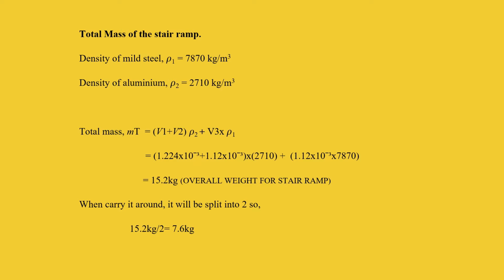To find the total mass of the STAIR ramp, we need to know the density of mild steel, and the density is 7,870 kg per meter cube, and the density of aluminium is 2,710 kg per meter cube. And next, we can find the overall weight for the STAIR ramp, and when carried around, it will be split into two, so 15.2 kg divided by 2 is 7.6 kg each.